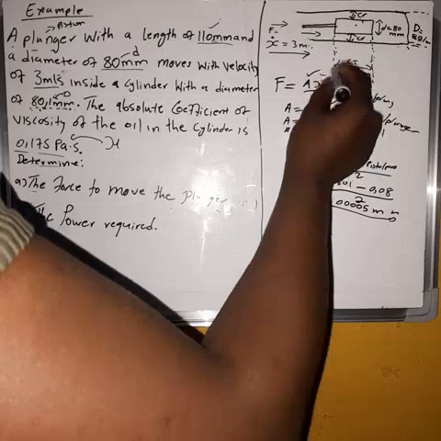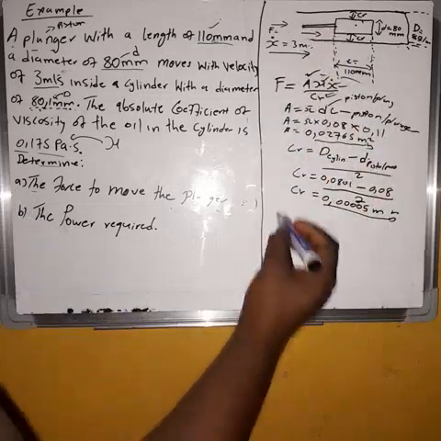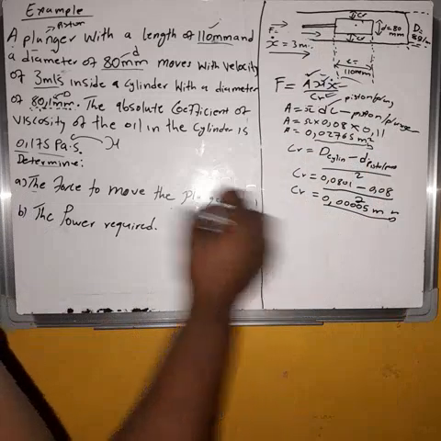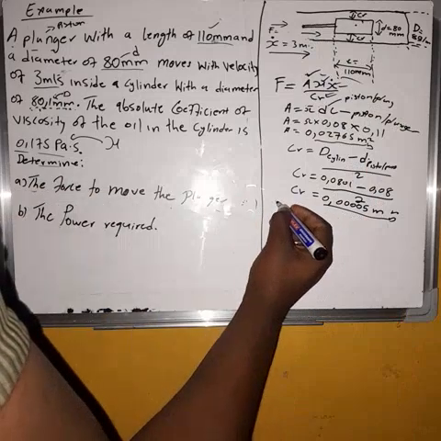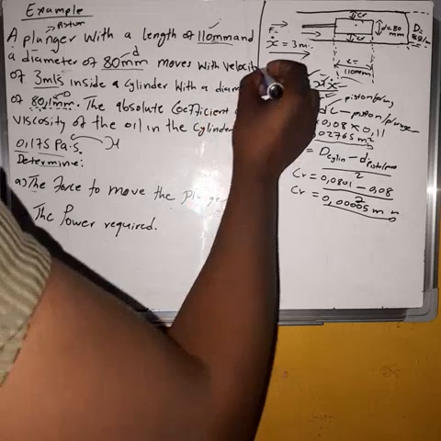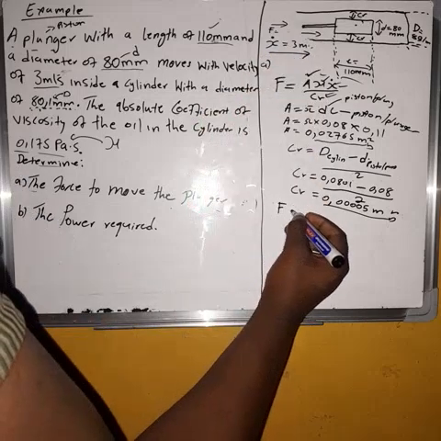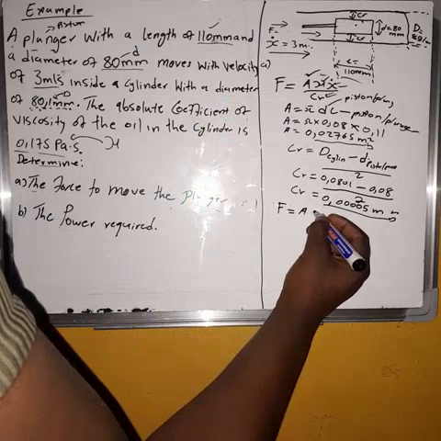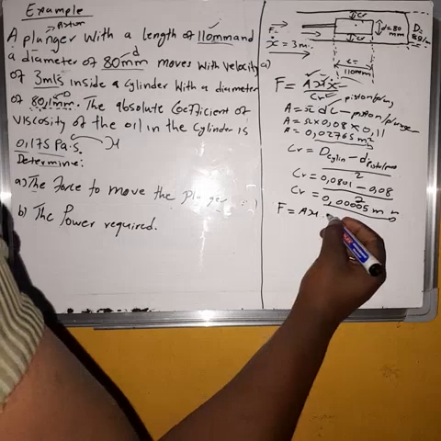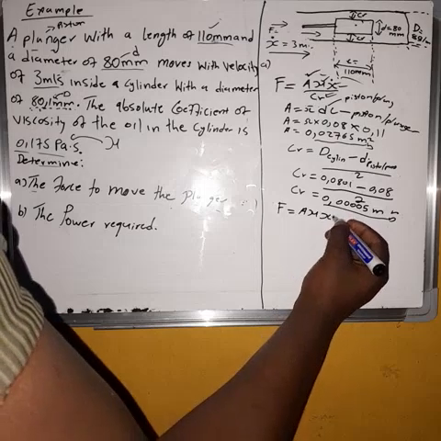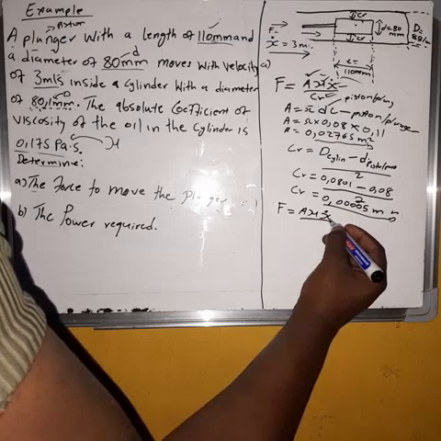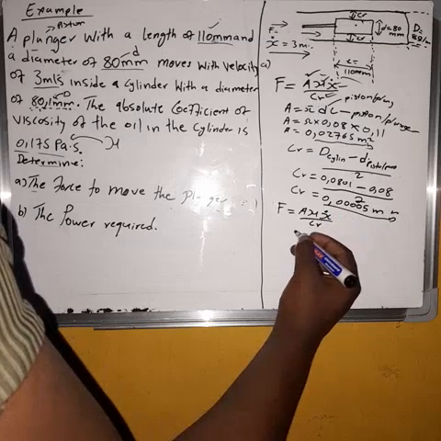We have clearance, we have velocity, we have the area. Now the force, question A. We know the force is area multiplied by coefficient of viscosity multiplied by velocity divided by clearance.